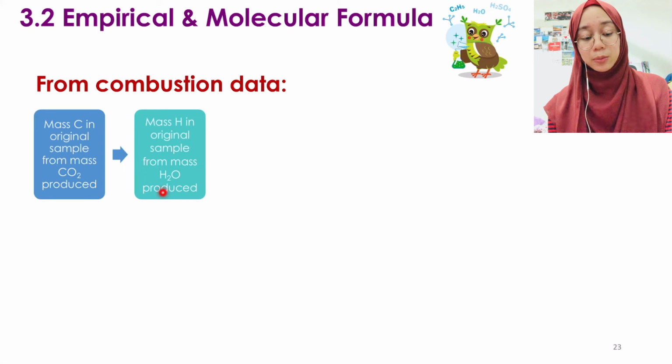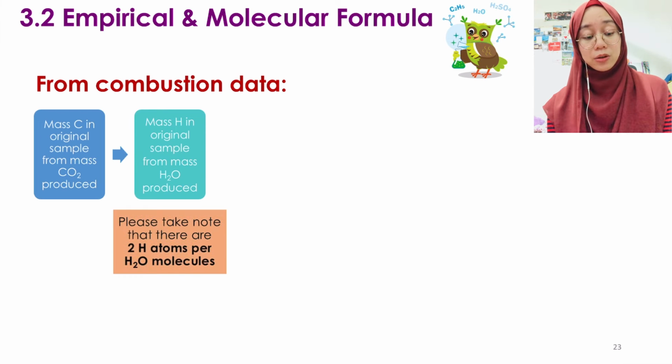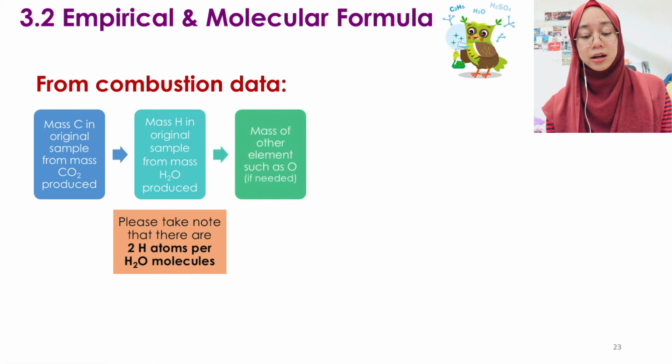So daripada mass of water pula, you need to look for the mass of hydrogen. Okay, but then be careful sebab kat sini yang selalu ada careless mistake. So make sure that you have to take note that there is 2 hydrogen atoms in the water molecule. Okay, be careful lah.